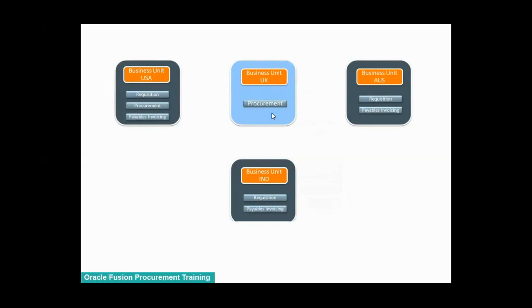Okay, now we have a question here. Coming to India and Australia, they can only request and they can only invoice. But what about the purchases?